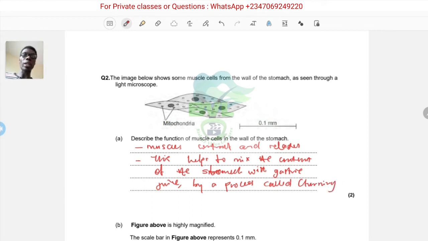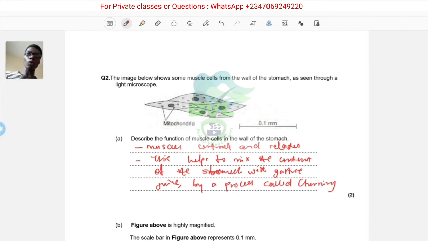Now, this is very important. You are expected to talk about the function of the muscles and how that works in respect to the stomach. It works by contracting and relaxing, like that. If you've seen my lecture on organization, you'll have seen where I showed you an animation where the stomach moves like that. That's called churning.